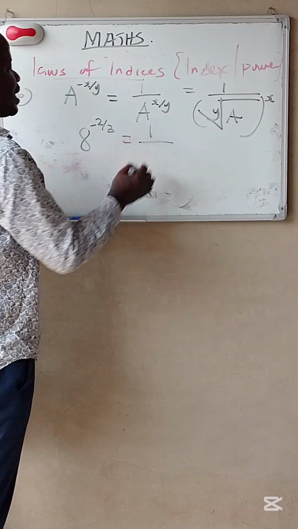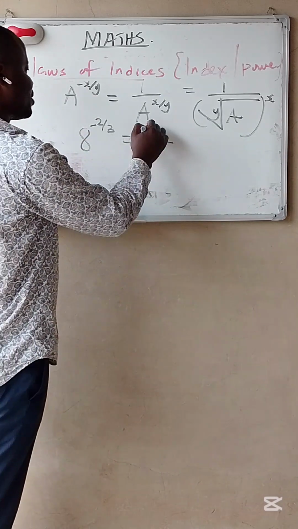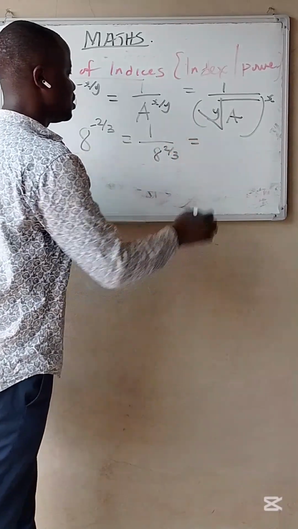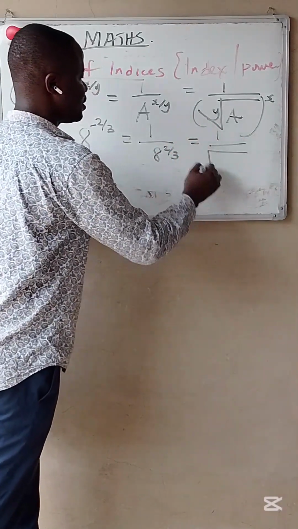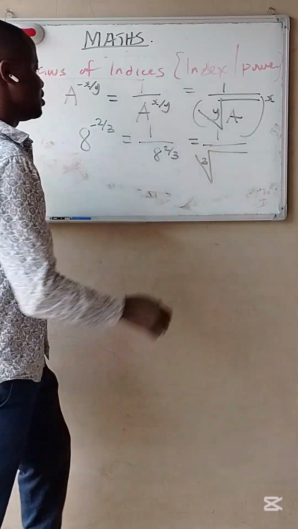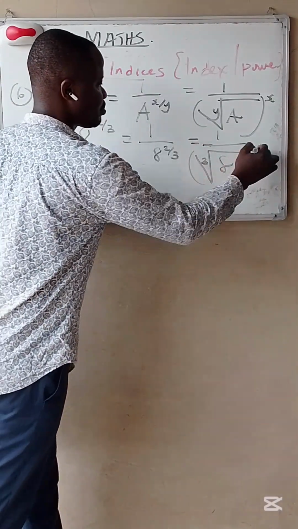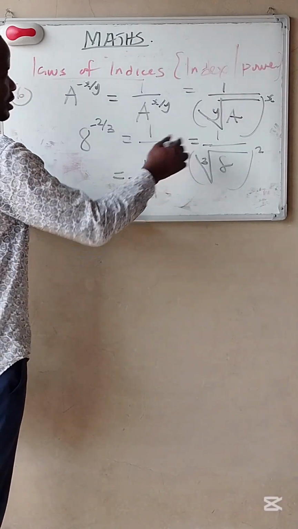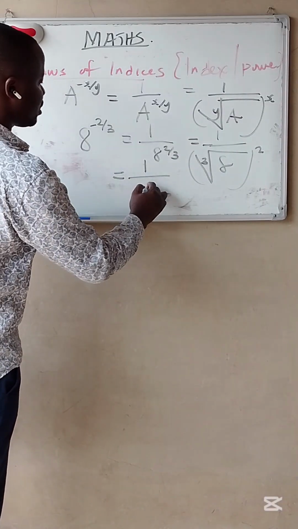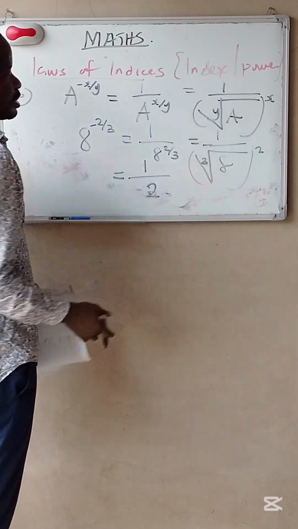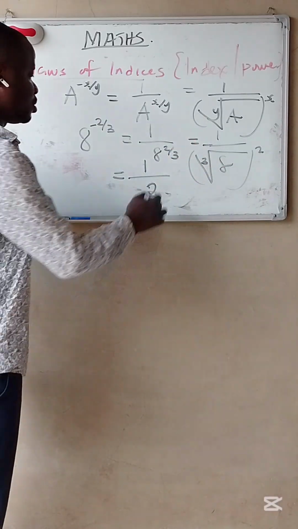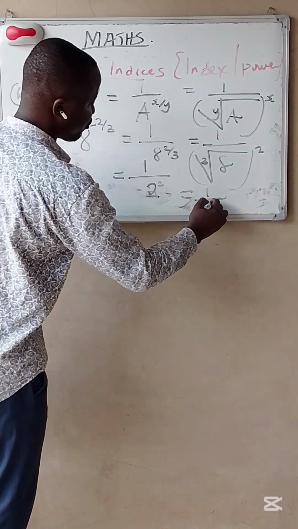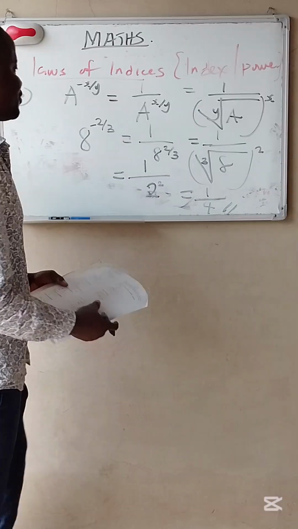Because of the negative power, you have 1 over 8 raised to power 2 over 3. This gives us 1 over, with the 3 coming inside the root place, then 8, then the power of 2. Which number are you going to multiply in 3 places to give 8? Obviously it is 2. So you have 2 here, and the final answer becomes 1 over 2 raised to power 2, which is 1 over 4. This is the final answer.